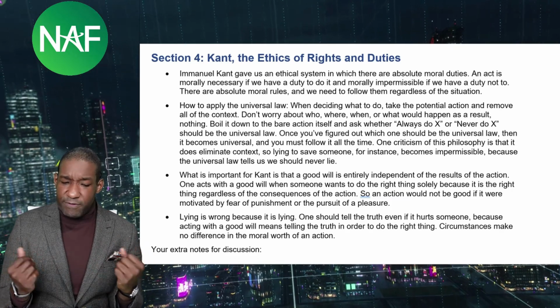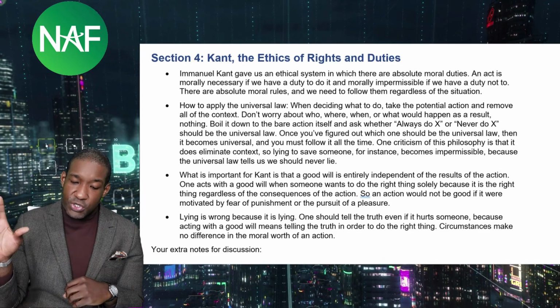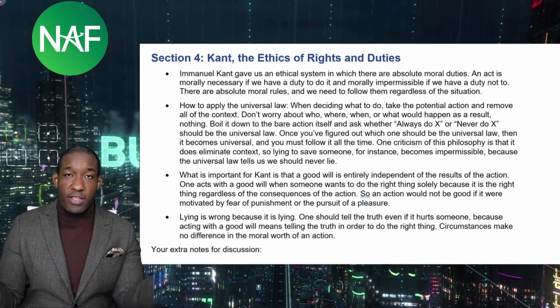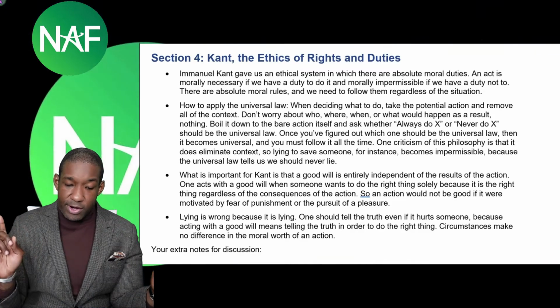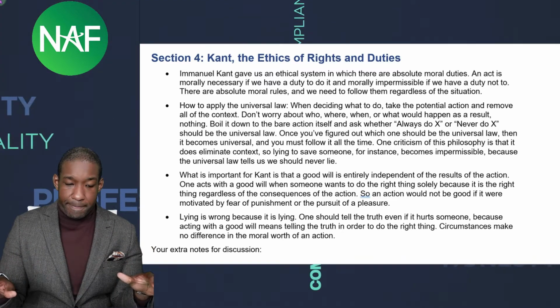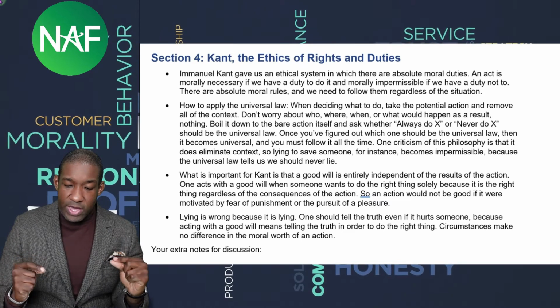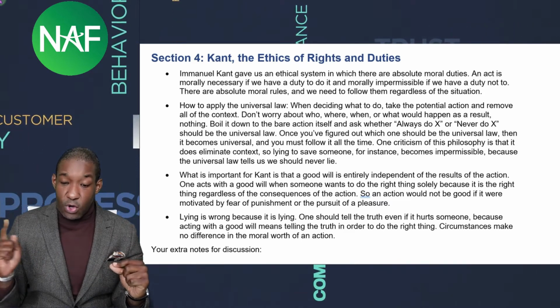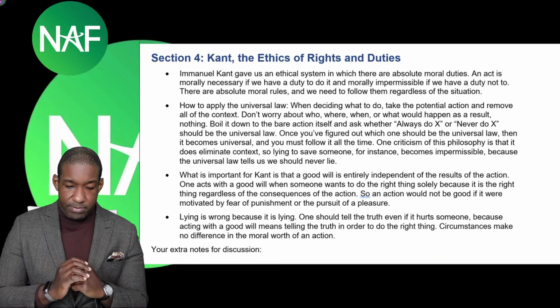How to apply universal law. When deciding what to do, take the potential action and remove all of the context. Don't worry about who, where, when, or what would happen as a result. Nothing. Boil it down to the bare action itself and ask whether always do X or never do X should be the universal law.